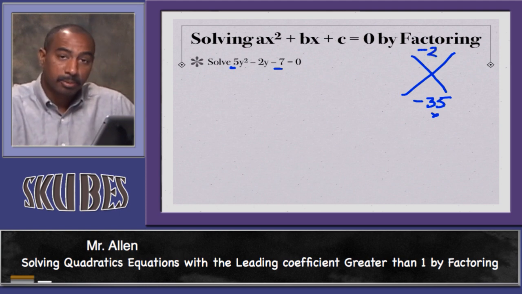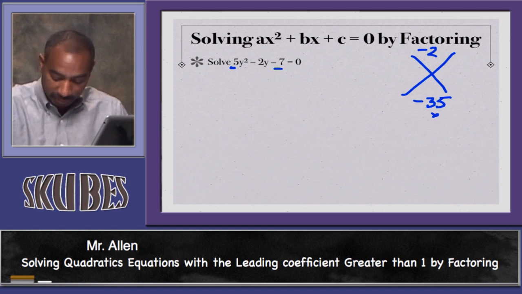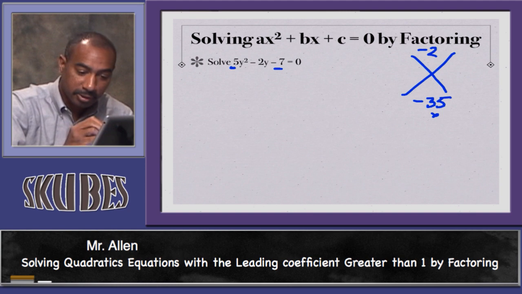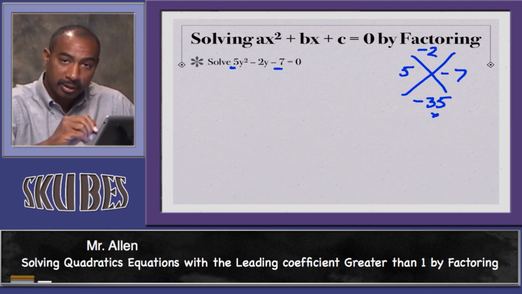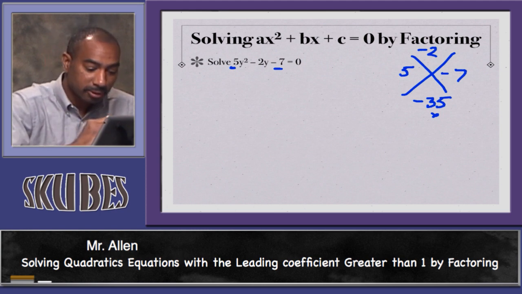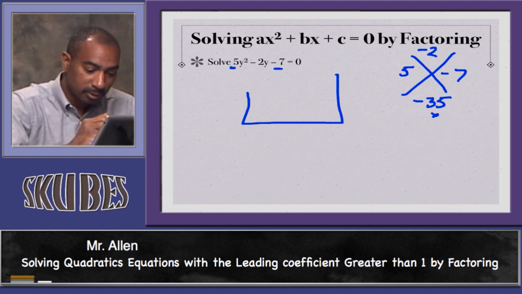So what two terms multiply to negative 35, but at the same time add up to negative 2? And if you think hard enough, that should be 5 and negative 7. 5 times negative 7 is negative 35, but if I add them up, I get a sum of negative 2. So you go ahead and draw your rectangles.